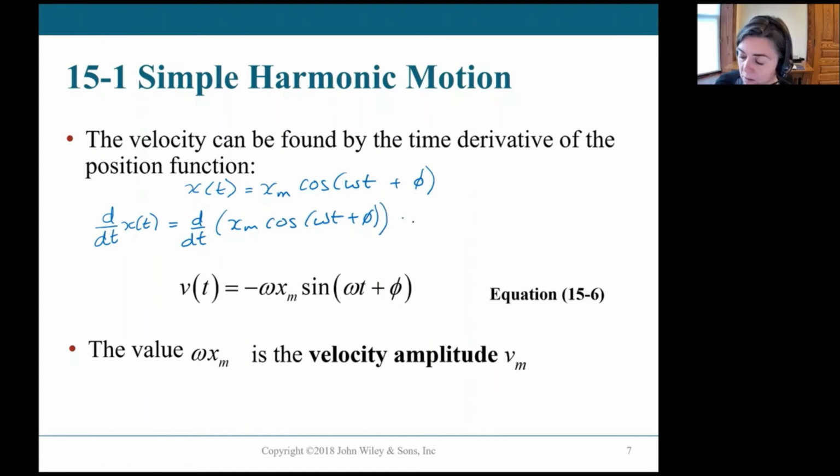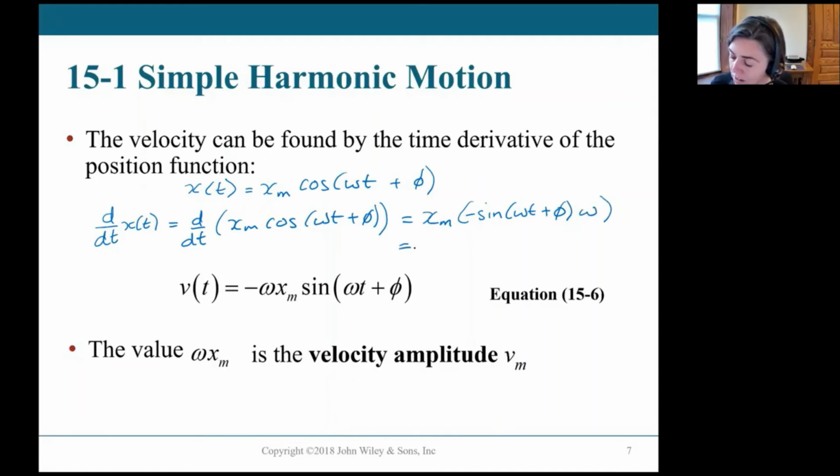And what you get when you do that is, well, you get the amplitude back, the maximum displacement. Your cosine is going to turn into a negative sine. And then we need to multiply by the time derivative of the argument of that sine function. So we're going to multiply by omega.